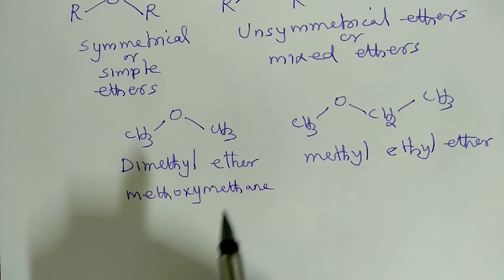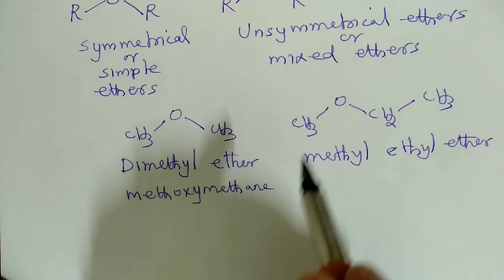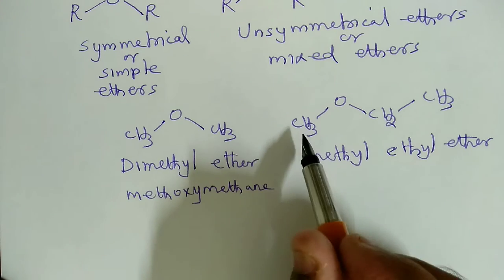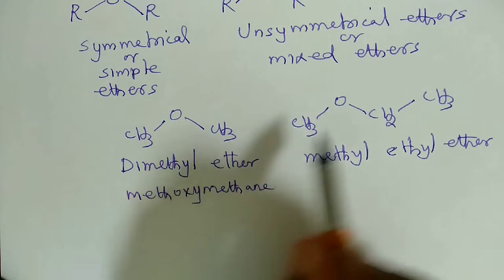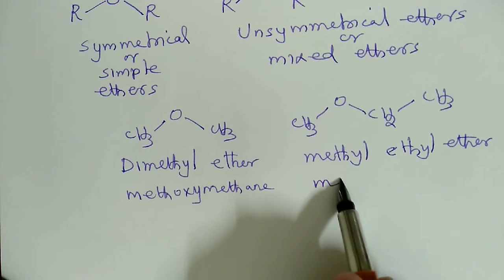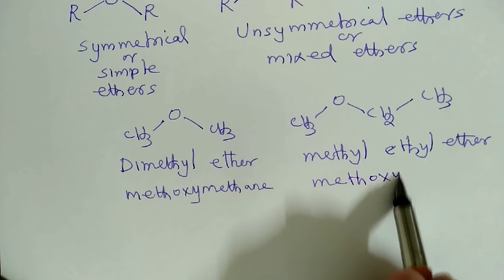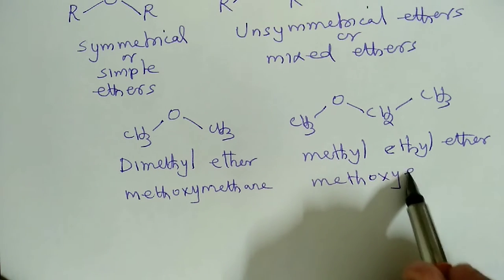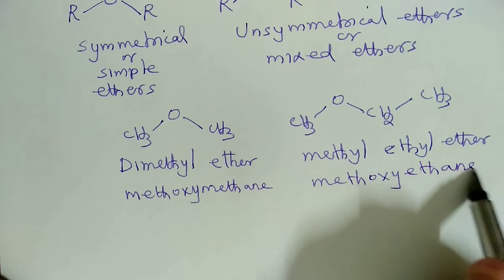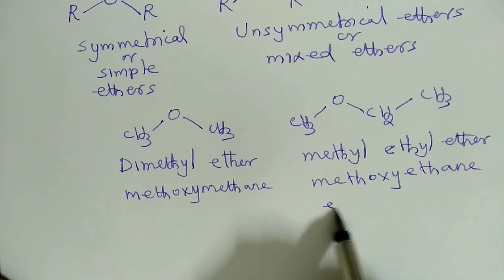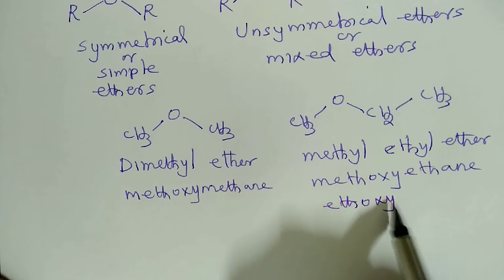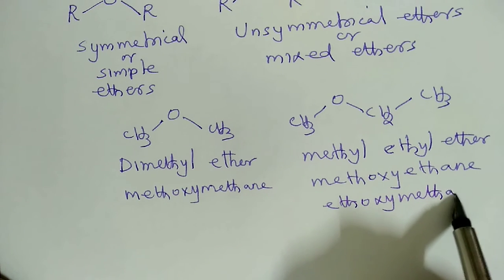In the case of unsymmetrical ethers, alkoxy is derived from lower alkyl group. This compound should be named as methoxyethane. It should not be named as ethoxymethane.